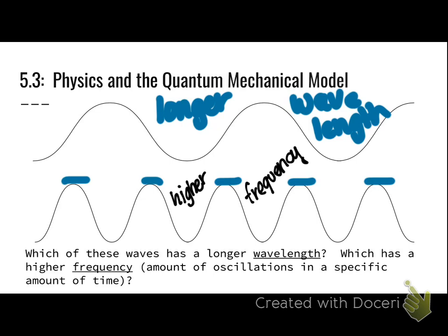In general, we can see that the longer the wavelength of a wave, the less times it will be able to oscillate in a specific amount of time. This means that wavelength and frequency are inversely proportional because as one increases, the other decreases.